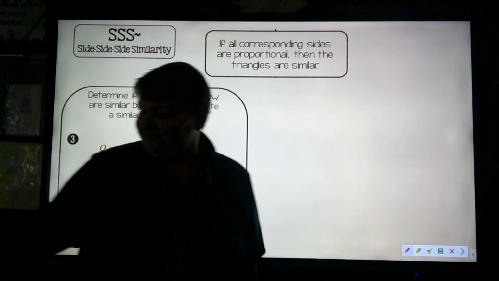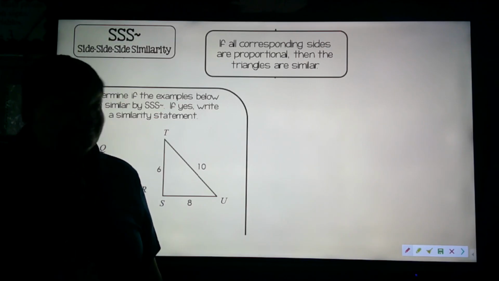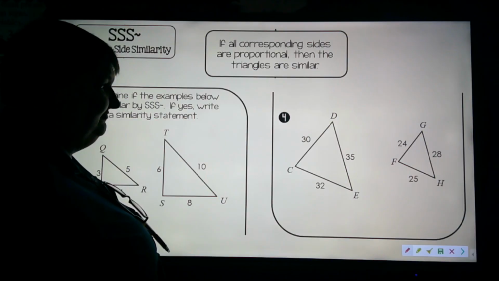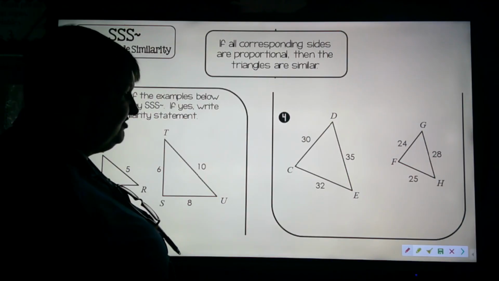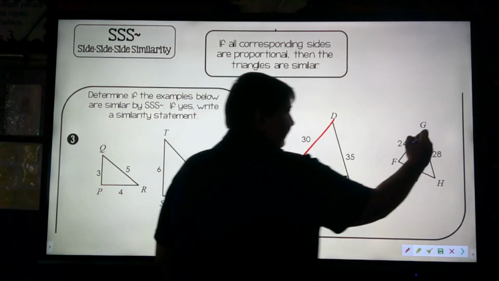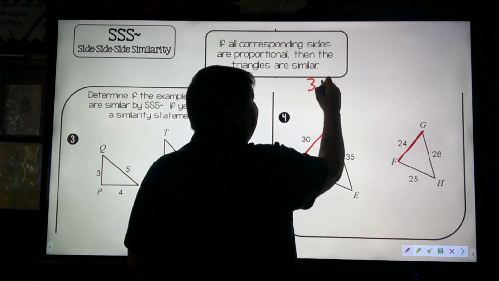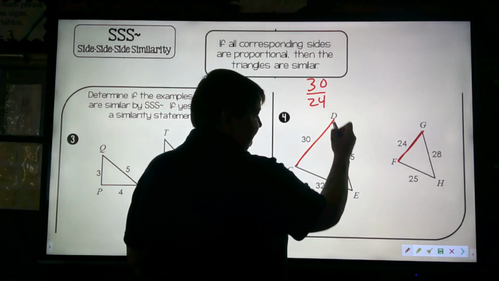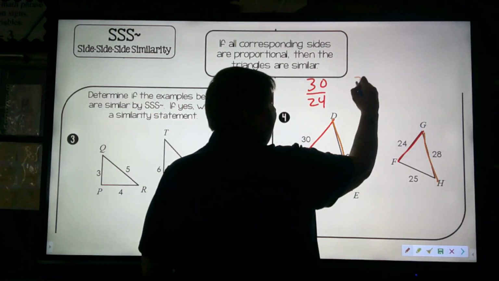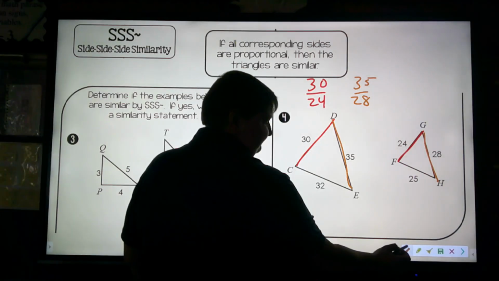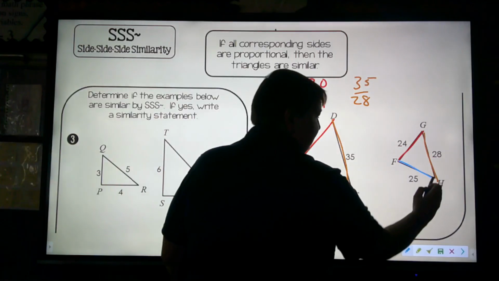Another. Same thing. Find your corresponding sides. 30 over 24. 35 over 28. 32 over 25.